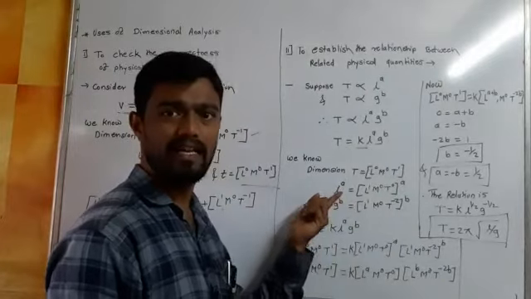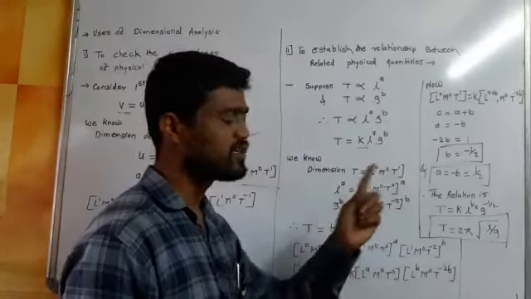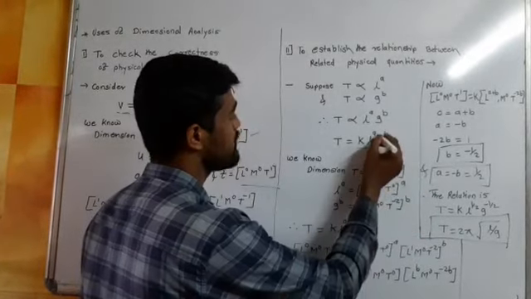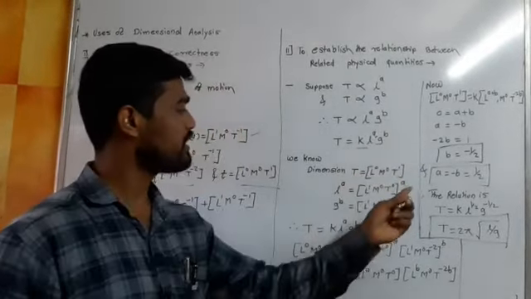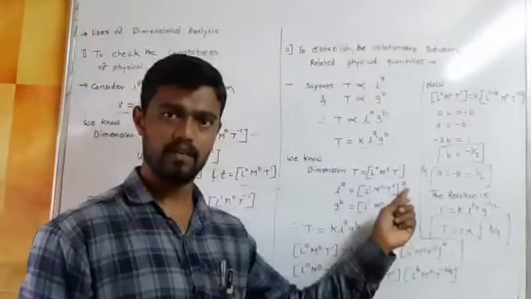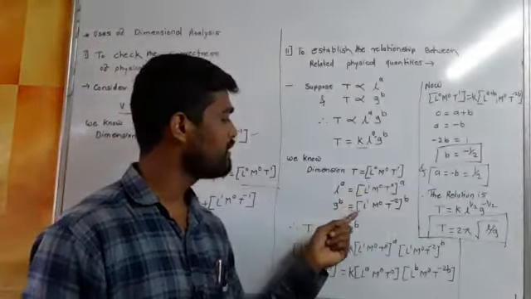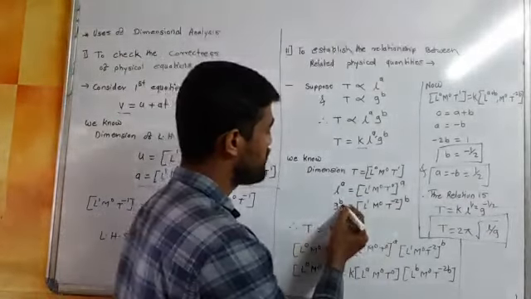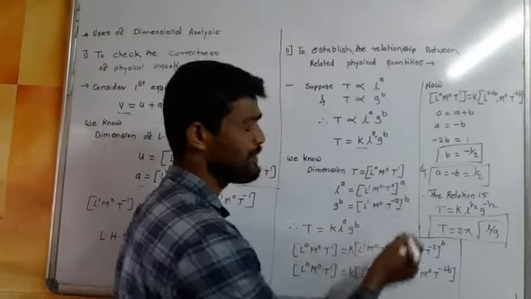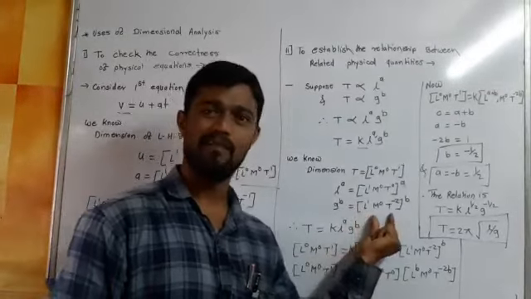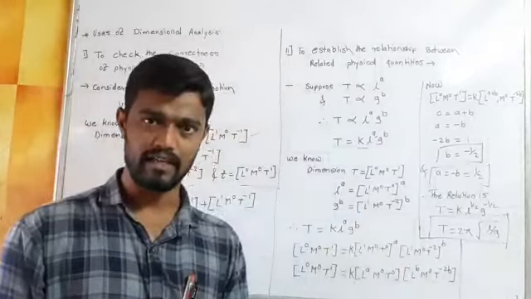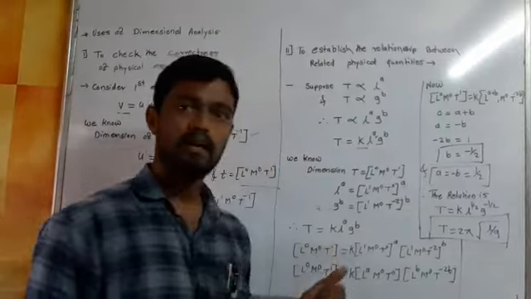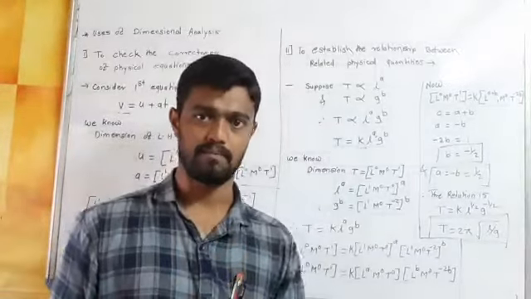L is defined as length, so L1 is present, M0 T0, and to the power A. Because here L is to the power A, so I write here A. Next G raised to B, so L1 M0 T raised to minus 2, to the power B. This is the dimension of acceleration due to gravity, defined as G.